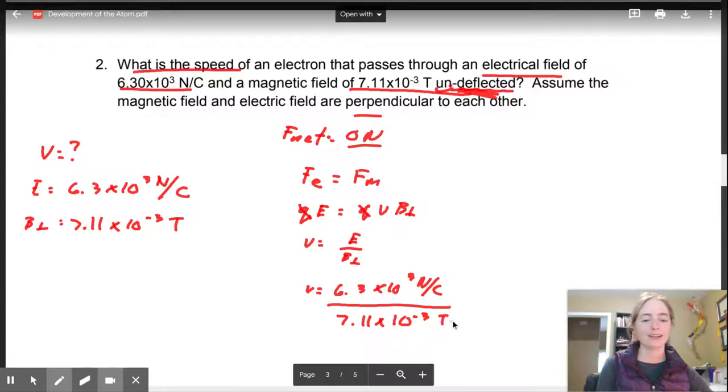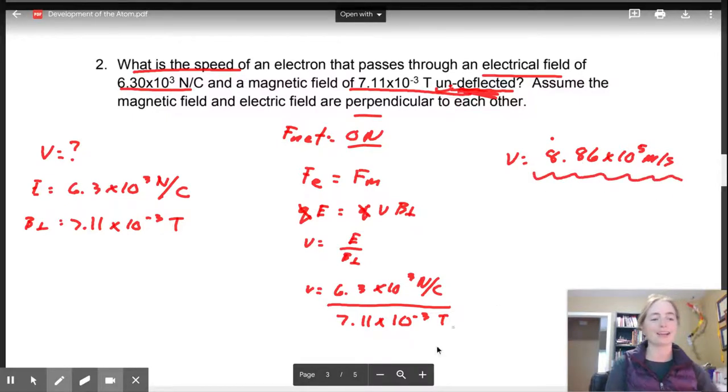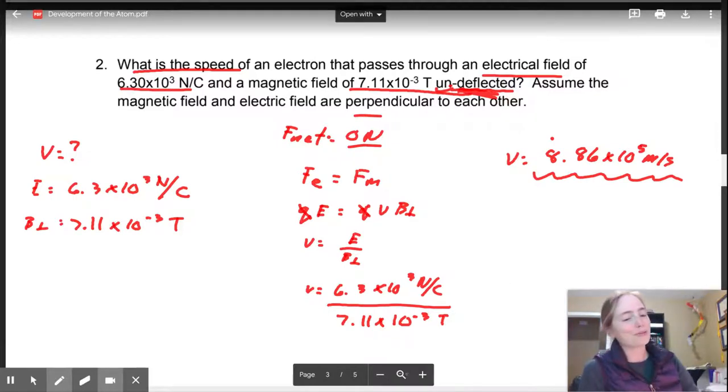Okay, that's better. Plonk that into your calculator, and we wind up with sig digs in units of 8.86 times 10 to the 5 meters per second. So another thing I want you guys to do is also do the unit analysis for this.